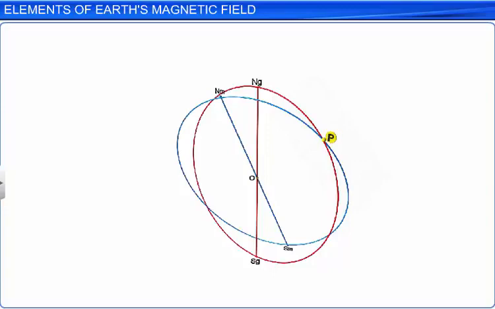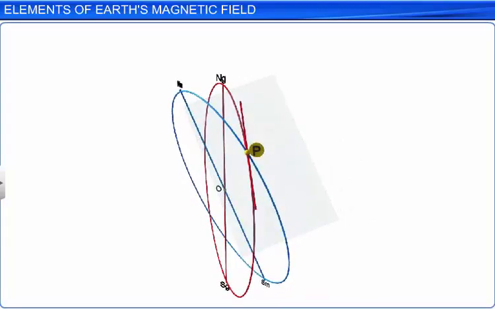Draw a plane which is tangential to the sphere at point P. Draw a tangent PA to the geographic meridian circle at point P. PA lies on the tangent plane and represents the geographic north-south direction. Draw a tangent PB to the magnetic meridian circle at point P.